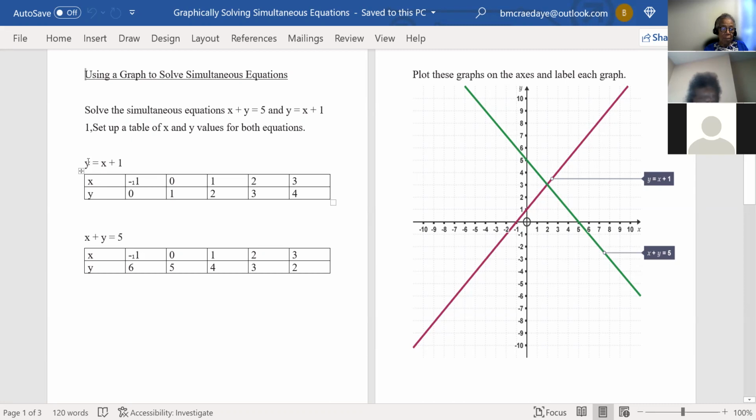I give you tables for these equations. Wherever you see the same X and Y, that's the intersection, and that's only one place, 2 for the X and 3 for the Y. All the other places, they are different. Got it? Any questions on using the graphs or tables for finding the X and Y values?